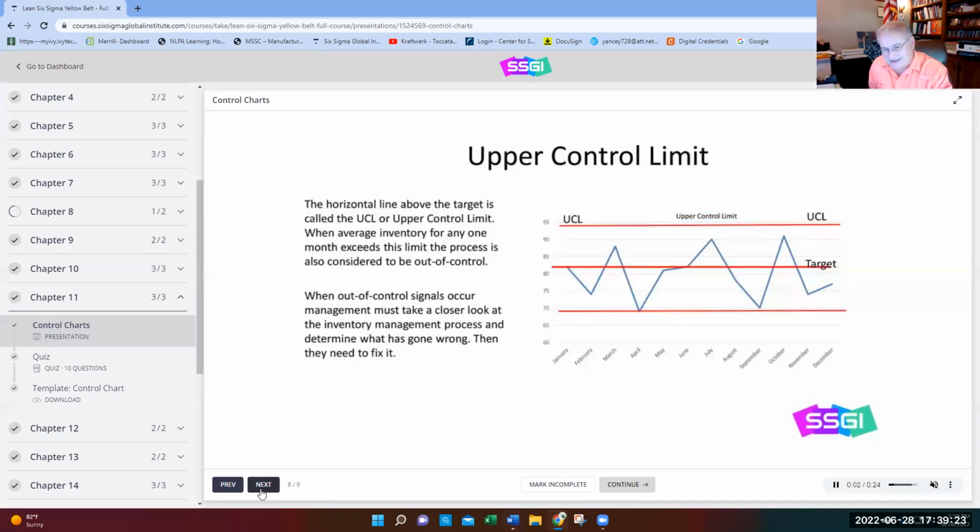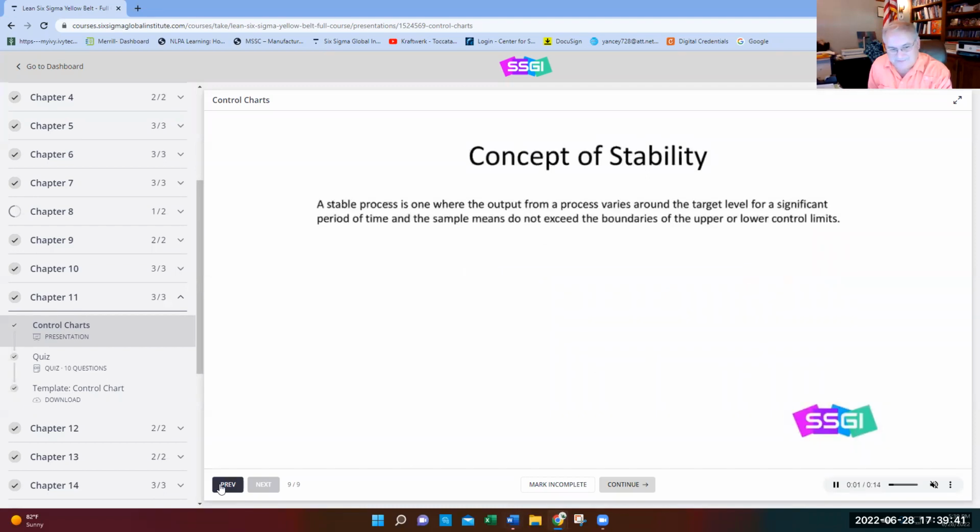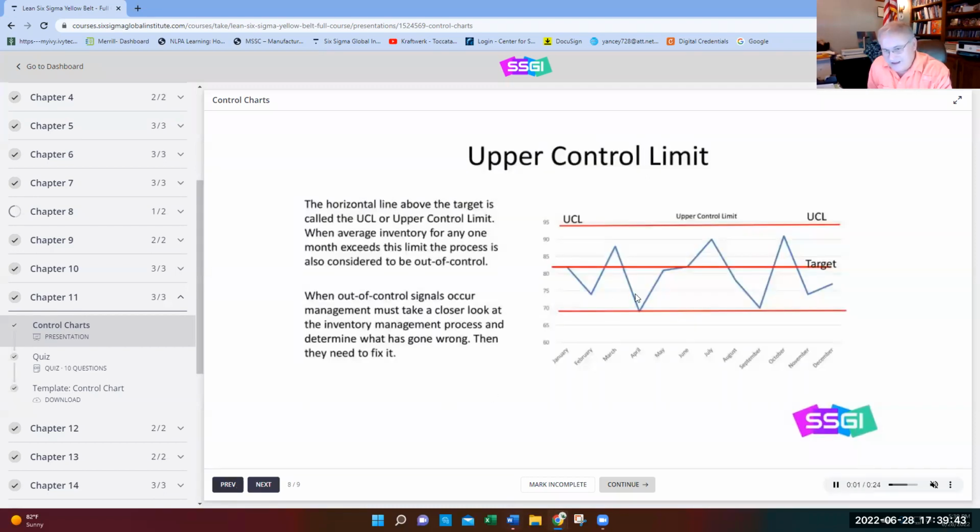Now, that control limit means that we're okay, that we're operating within this average bracket and there's not any real problems there. But if you ever go outside of it, down here, it looks like it almost did in April where it dropped down.